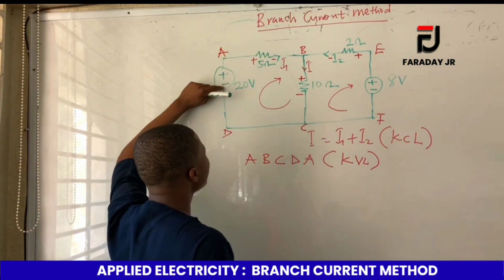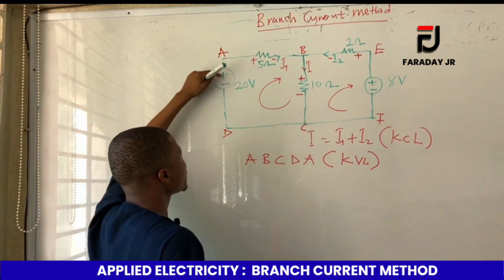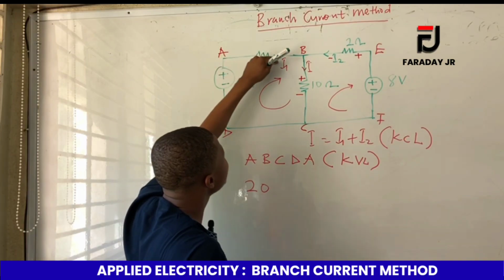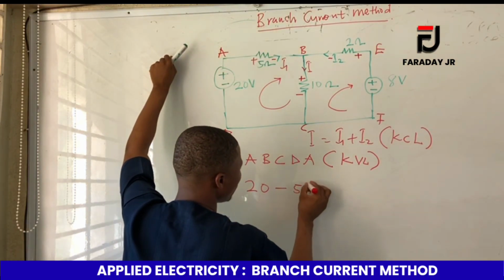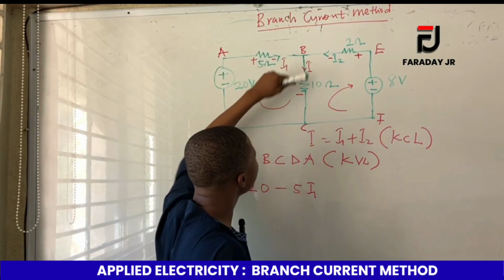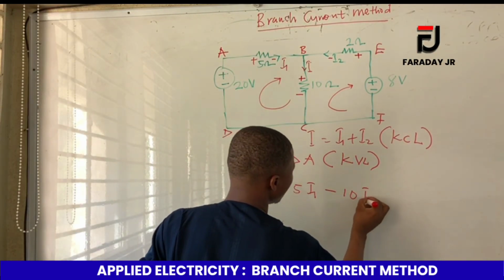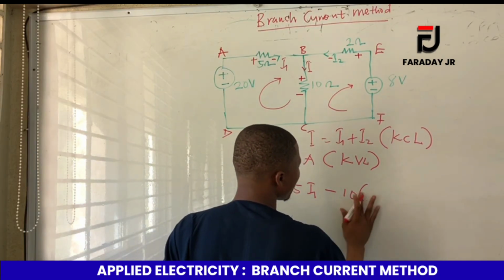So from negative to positive, we always consider the endings. From negative to positive will give us a voltage source of 20. And then from positive to negative, it's negative, so you consider that one. So that would be negative 5 I1. And then from positive to negative, the endings, that will give us negative 10I. And then we know that I is the same as I1, or we can still leave it here.